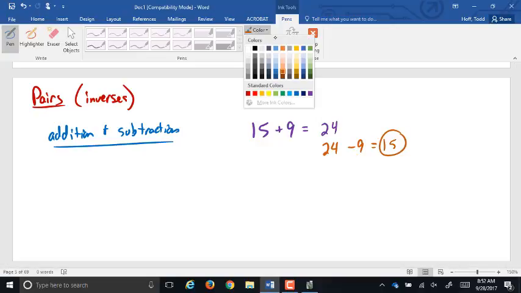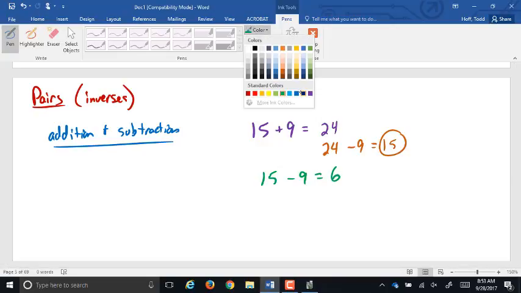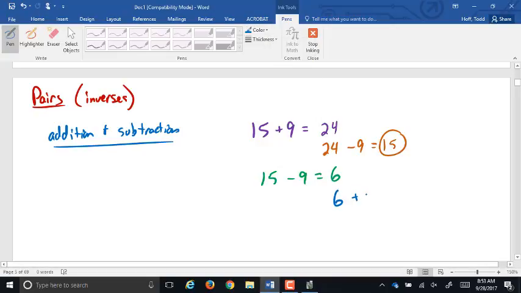Adding 9 and then subtracting 9 reverse each other. If I did 15 minus 9, I get 6. If I go back the other way, 6 plus 9 puts me back at 15. So not only will subtraction reverse addition, addition will reverse subtraction. It goes both ways.